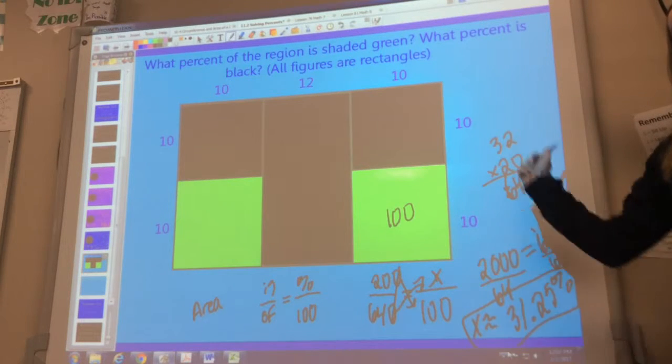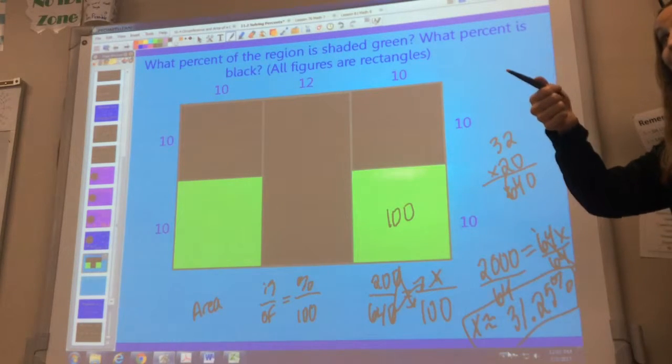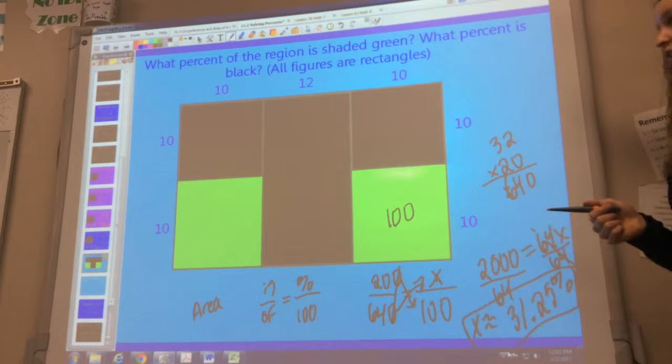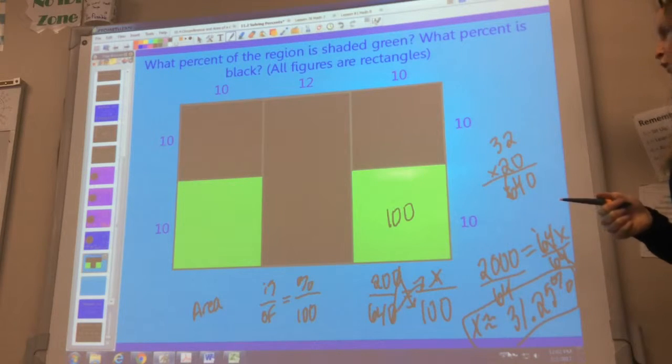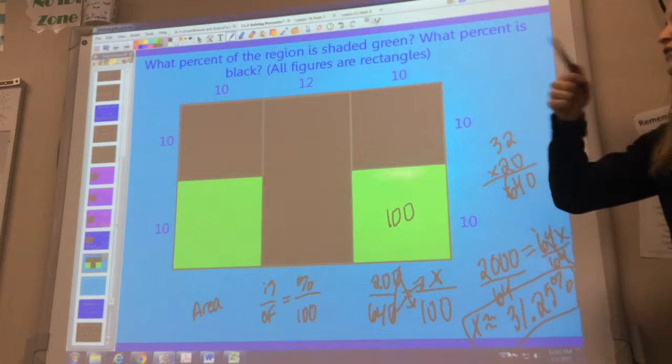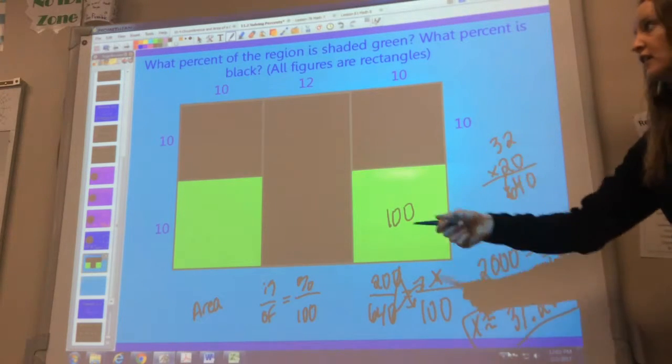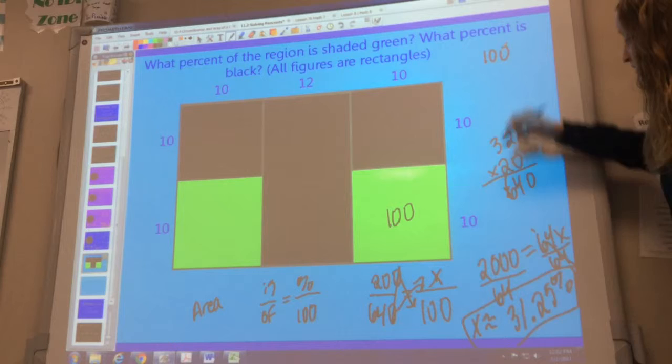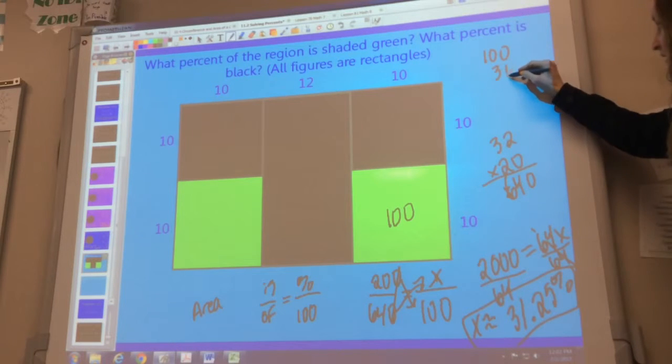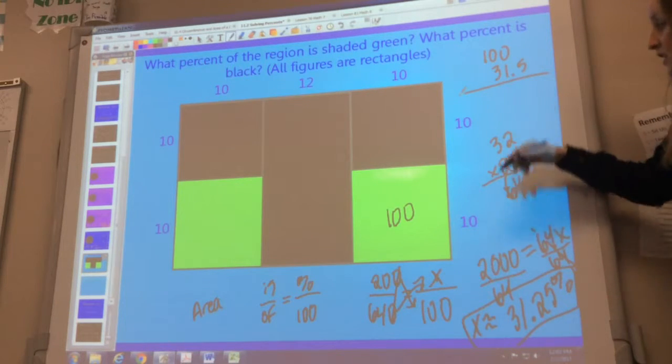How much is your total? Subtract it from 100. Thank you. Your total area is 100. So you just subtract what this is from 100. 68.75. So then you just label that.